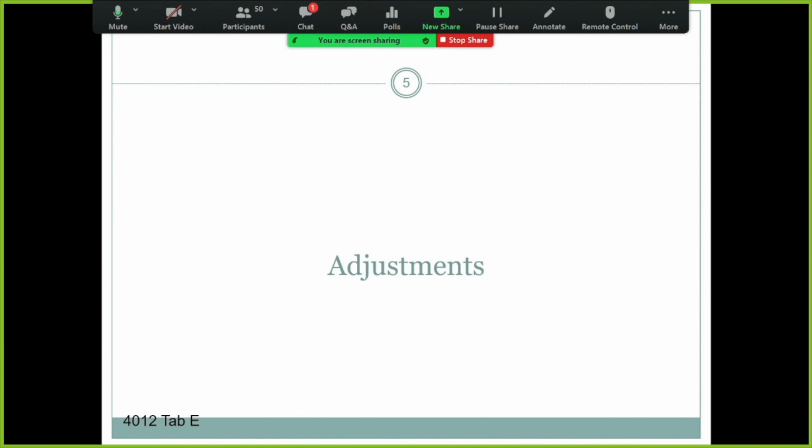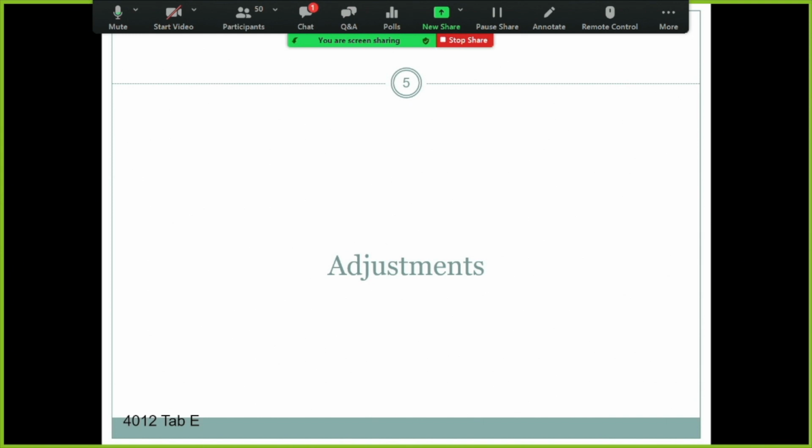Now, adjustments can be found on 1040 Schedule 1, Part 2. Adjustments are deducted from total income to arrive at adjusted gross income, resulting in either a larger refund or less tax due.